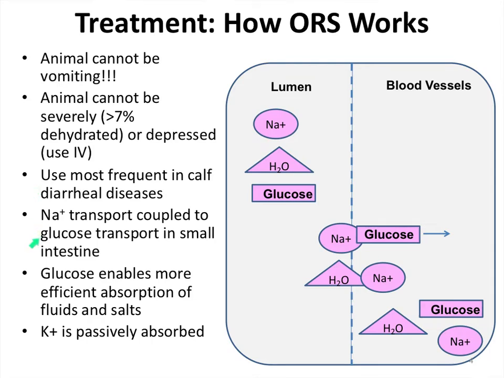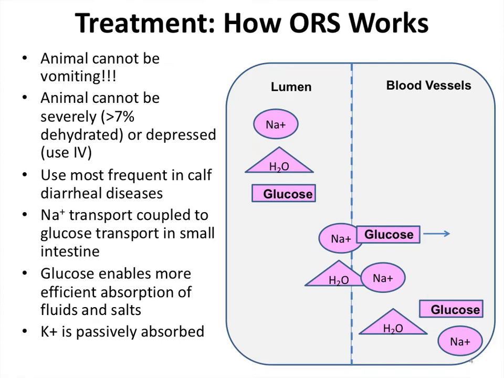And what's the mechanism of this? Well, if you look at the very simple graphic here on the right, at the surface of the epithelial cell, we have right here the interstitial fluid or blood, and this is the lumen. The epithelial cell has a sodium glucose cotransporter, and the presence of glucose helps to facilitate sodium and vice versa in its absorption.